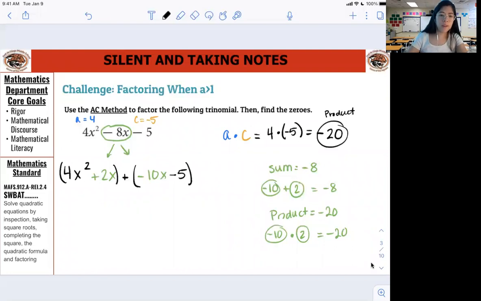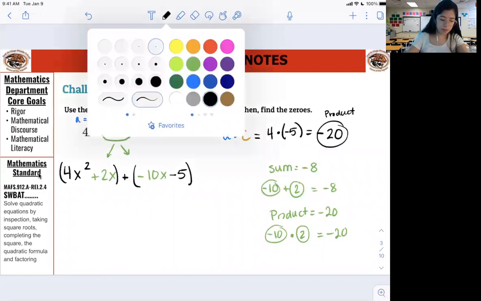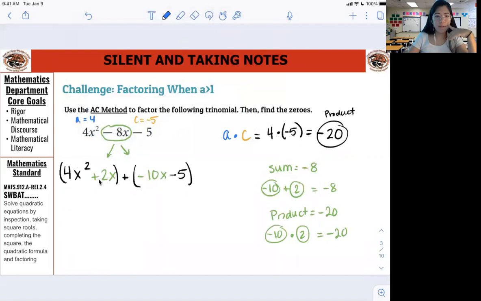Okay, now we do the same thing as before. What can I divide both of these terms by? 2x. And for the second group, what can I divide both of these by? 5.